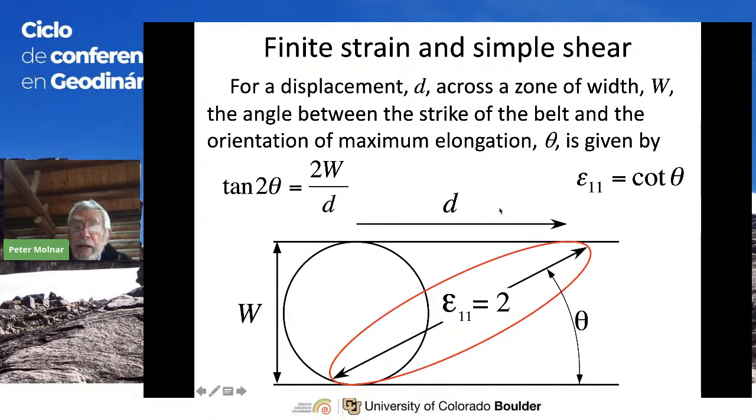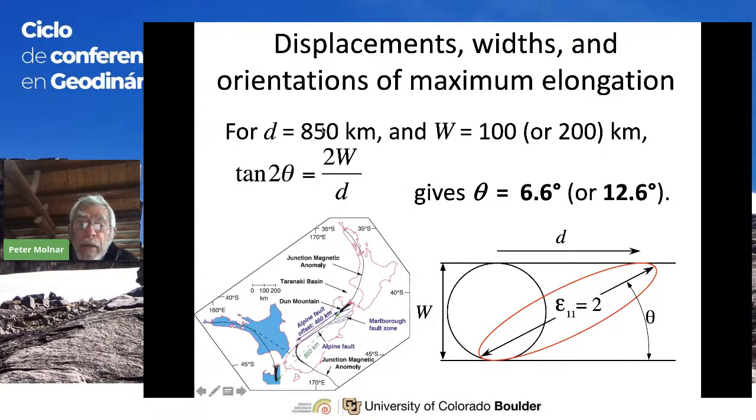So we can use the anisotropy to get at these because we know the displacement. We can reconstruct how much displacement has occurred between the North Island and the South Island, 850 kilometers, plus or minus 100 kilometers. And we can guess some widths. Suppose it's 100 kilometers or 200 kilometers.